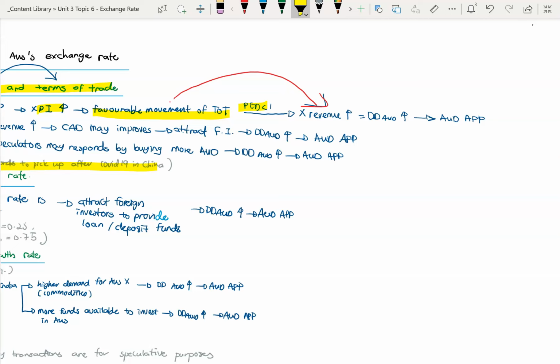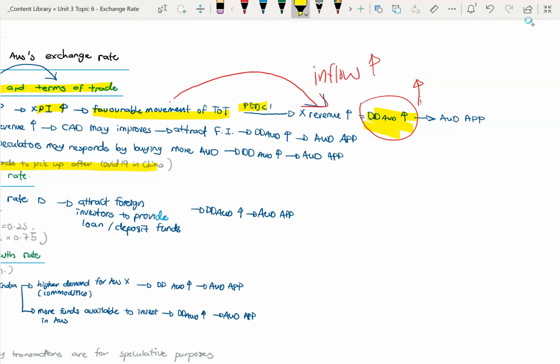So our demand for AUD would rise because export is an inflow transaction. When revenue rises, it means inflow rises. Inflow results in a rise in demand.